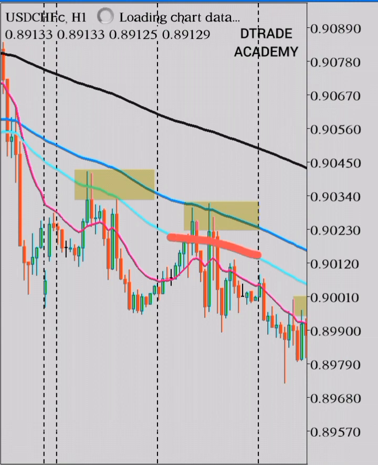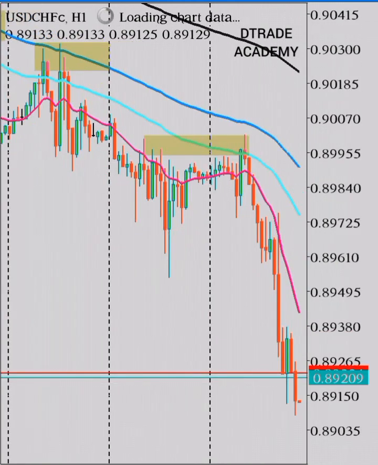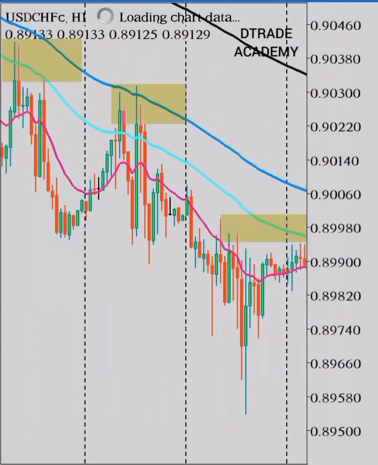This is my 50, this is my 90. So mark that place. Also the third time price came and touched our 50 and then rejected that zone with a tail. So these three zones are opportunities to pick trades.